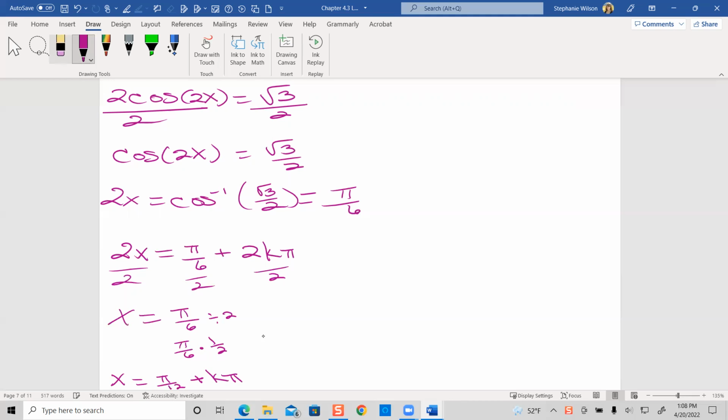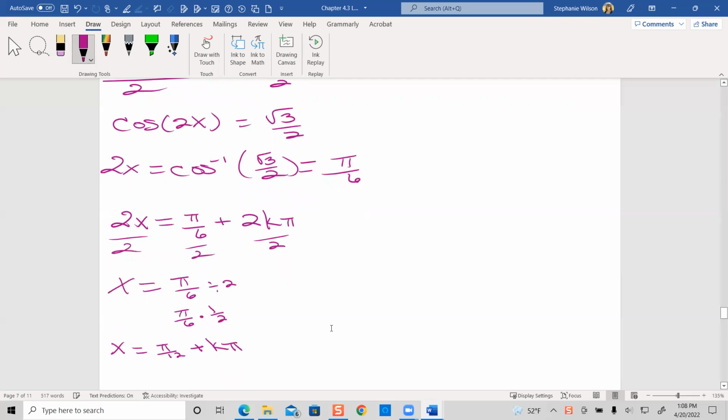Okay, so y'all see that? So that was one side of it, or one value of it. We also know on the unit circle, if you go look, we also get another value at this, and it's going to be 11 pi 6. So let's find it.